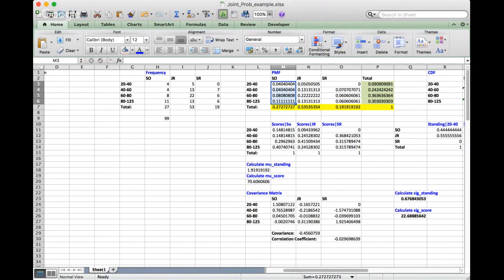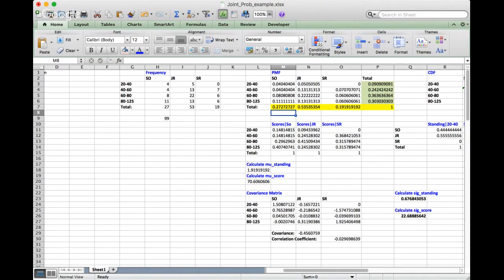I just want to know what the marginal probability is for standing. When I sum these up, I get about 27% of the students who took the exam were sophomores. We can actually calculate it here. I'll just sum from top to bottom, and I get exactly the same number, 0.272.